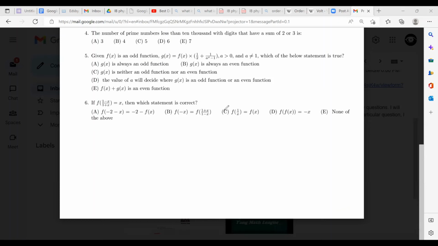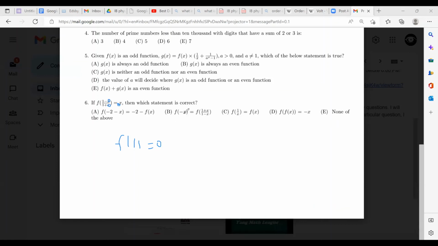Another way of checking the other choices of the multiple choice is to substitute something in. So we know that f of 1 is equal to 0. Why is that the case? Because if x is equal to 0 here, then f of 1 is equal to 0. So let's just substitute 1 over here.